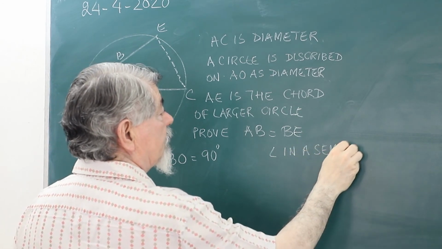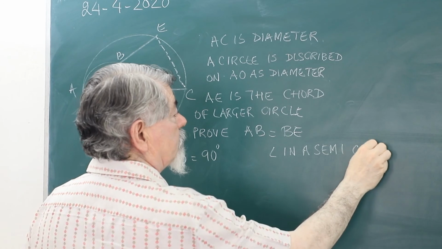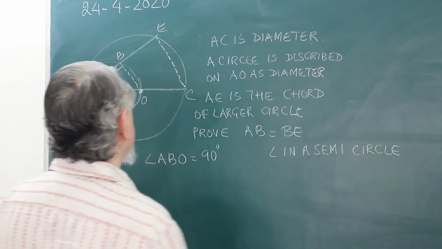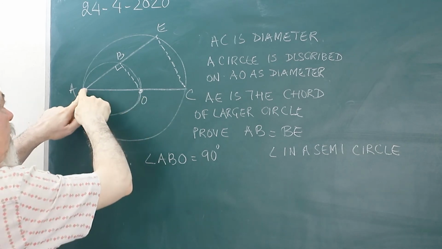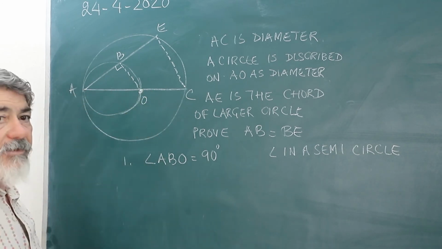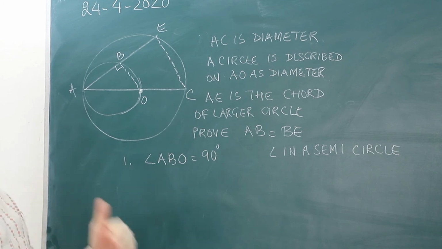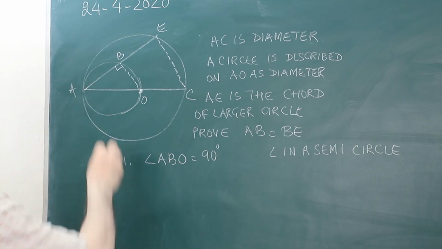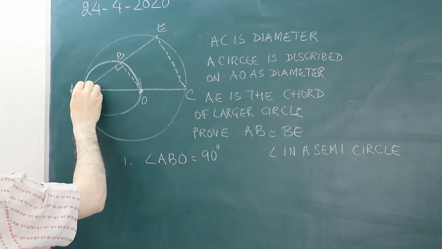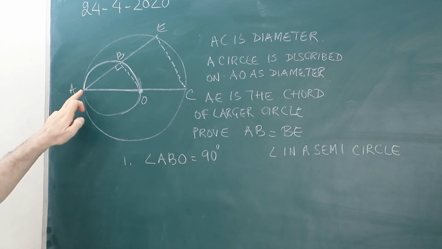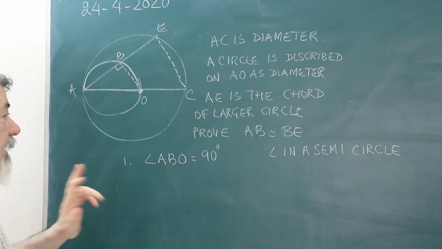Why is it a semicircle? Because AO is the diameter of the smaller circle. The diameter bisects the circle into two equal halves, and each half is a semicircle. So angle in a semicircle is a right angle.